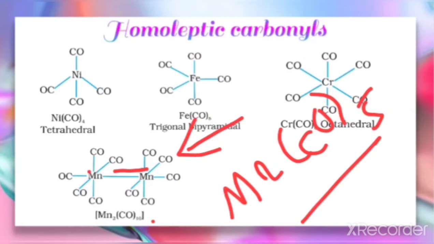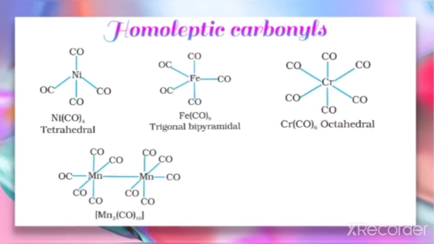Therefore decacarbonyl dimanganese, because 2 manganese are there, and 0 is the oxidation state of manganese here. That is represented here, and the structure is actually 2 square pyramidal structures united by the Mn-Mn bond, which makes its geometry this way.